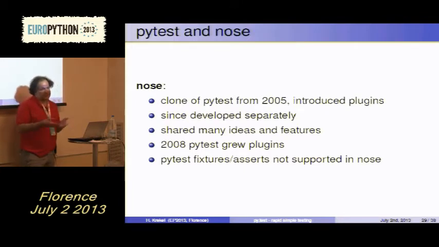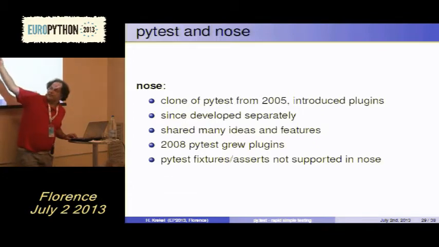But there are many shared ideas between them. And it's also true that pytest usually runs nose test suites. So for many nose-based projects, you can just use pytest as well, and then if you like, successively use features from there. Of course, the fixture things and the asserts, like I described here in the talk, are not supported in nose.